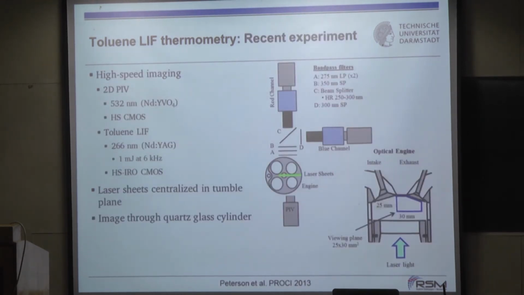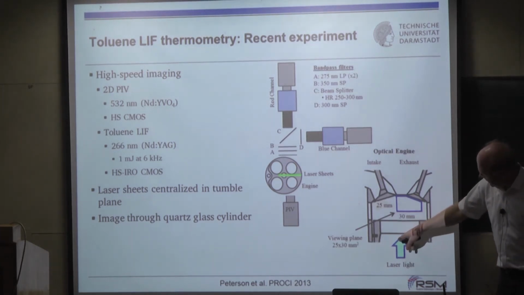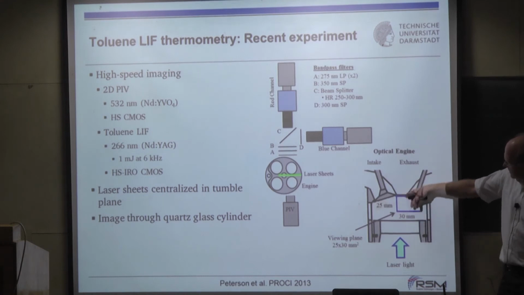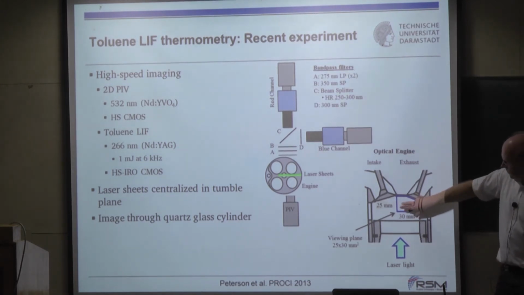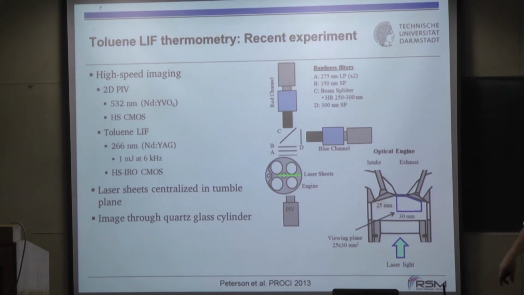I would like, for good reasons, to show its application here briefly, and maybe later on in more detail. To demonstrate how this is done, I refer back to the engine I was discussing two days ago, where you can send a laser through the piston against the cylinder head and concentrate on a certain field of view below the exhaust valves, and have the opportunity to measure the fluorescence coming out of this area.